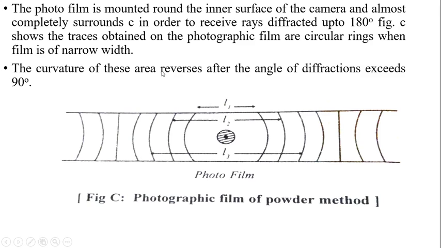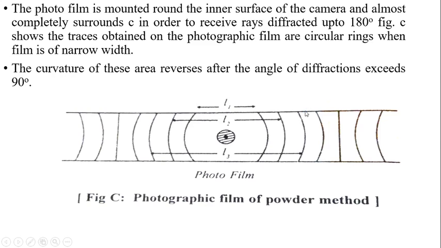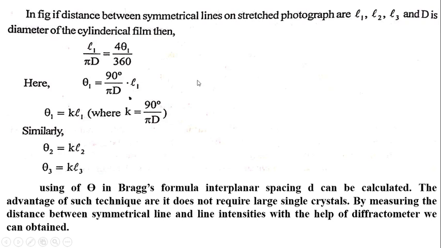The curvature of the arc reverses after the angle of diffraction exceeds 90 degrees. In the figure, L1, L2 and L3 are the distances between the symmetrical lines on the stretched photograph, and d is the diameter of the cylindrical film.